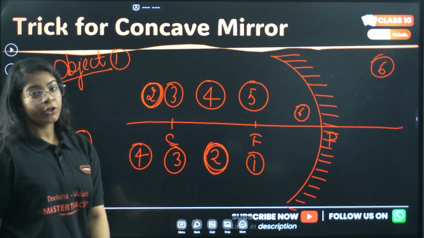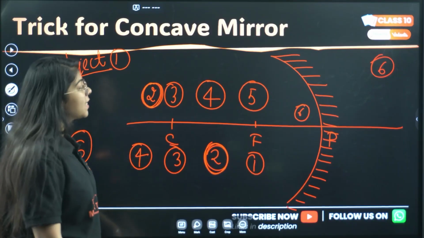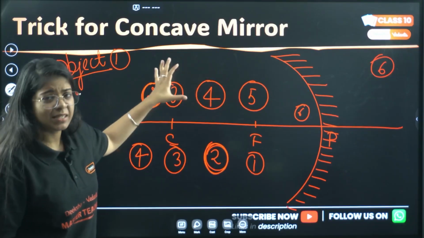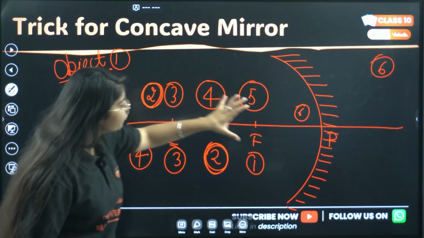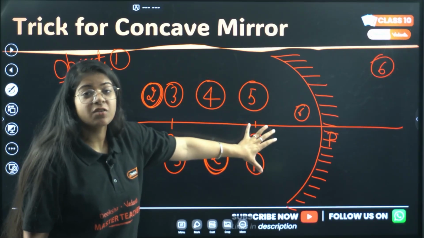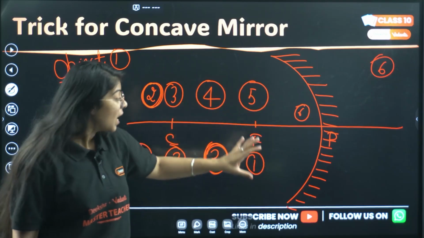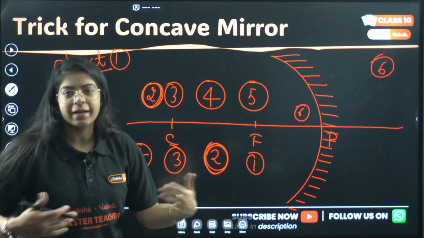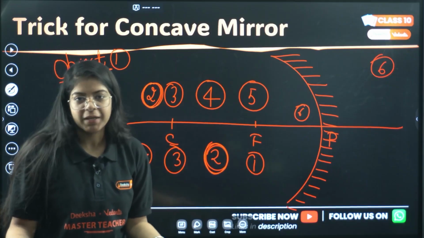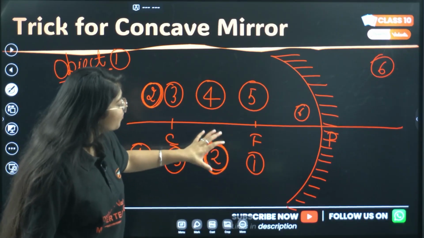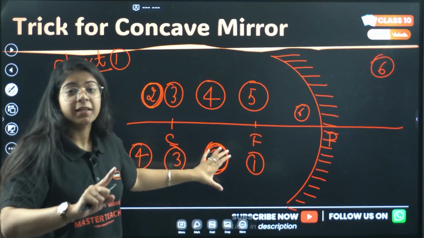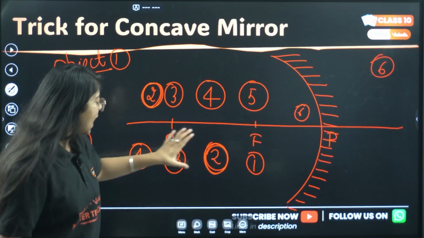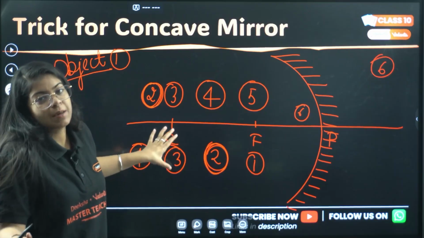Also, I want you to remember just one more thing. The size. Here, the size of the object will be the same, let's say. But at focus, we saw the size of image was point sized. When we move object closer to the mirror, the image will get bigger, right? So in this case, the image will be bigger, but its size will still be smaller than the object. And then at curvature, we know it's the same size.